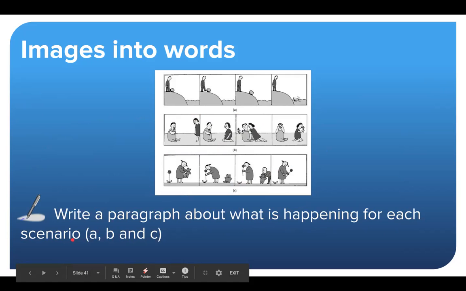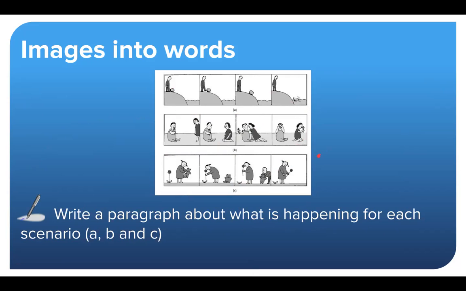So students would have to look at these images, or this sequence of images, and try and guess what's happening. And they would then write a short paragraph about each scenario. This kind of activity is also good as a discussion for visual and auditory learners.